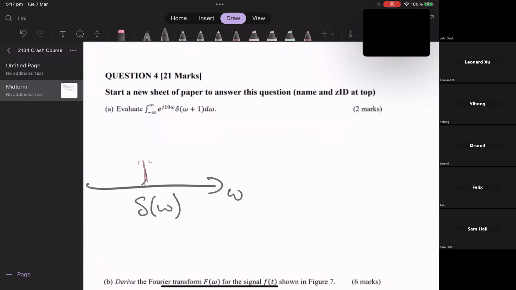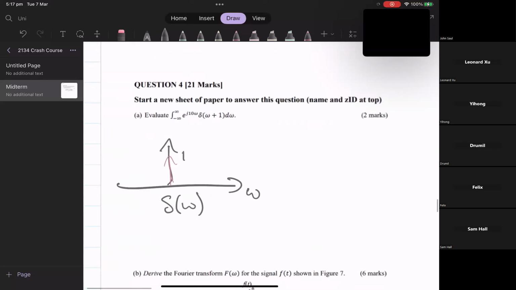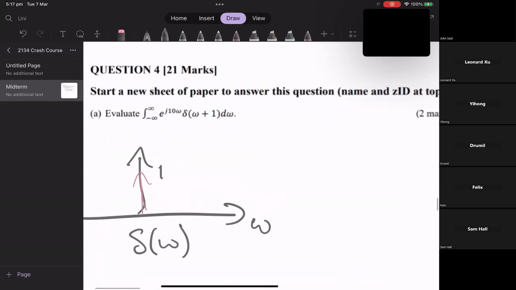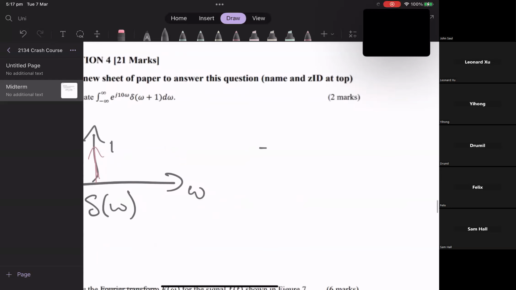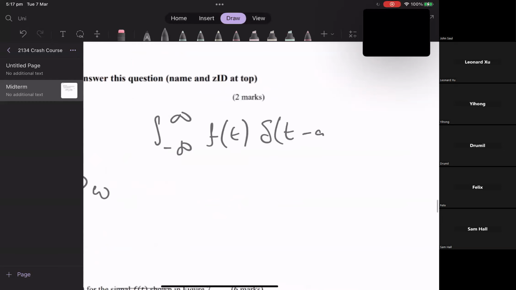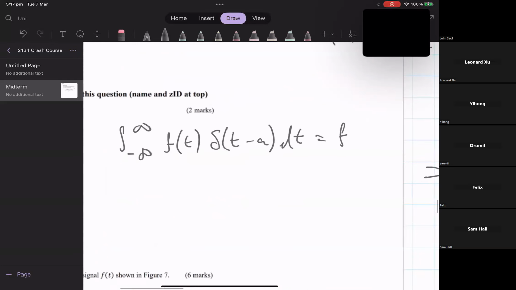There's a few properties that come with the Dirac delta function, and I think you probably will have them on your formula sheet or in your lecture notes. For this equation, there's one property to remember, which is the integral of f of t times Dirac delta of t minus a dt is equal to f of a.